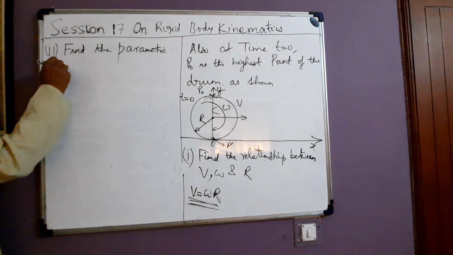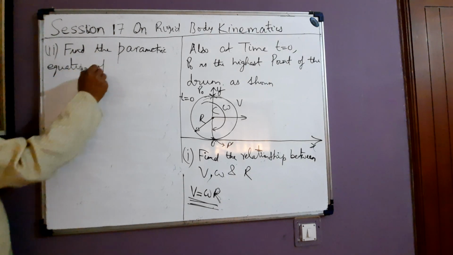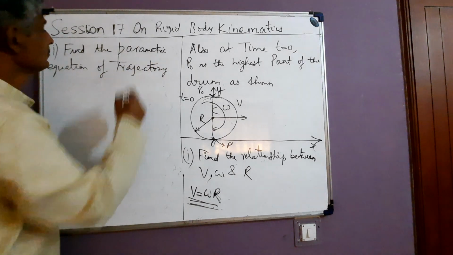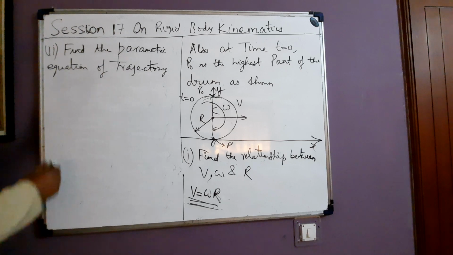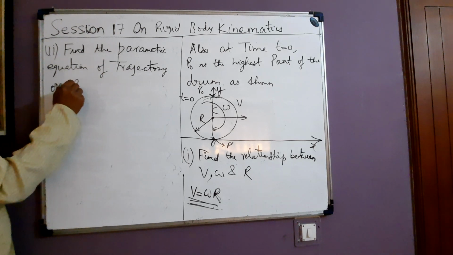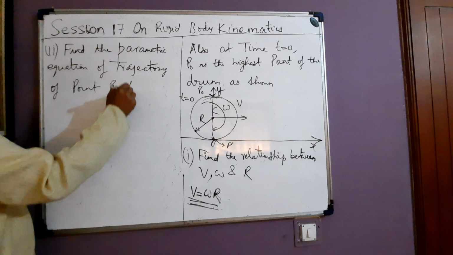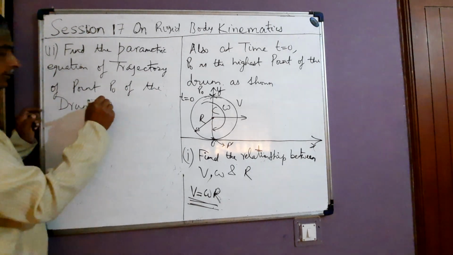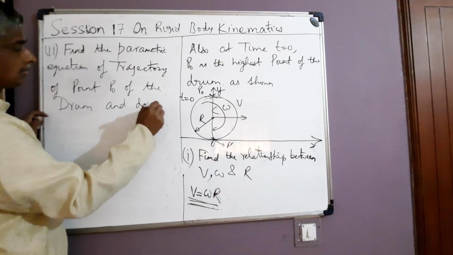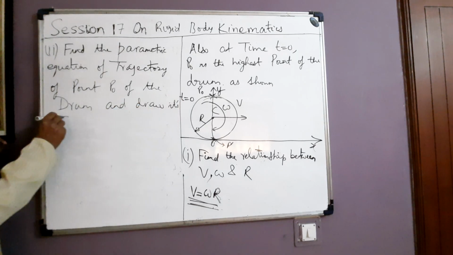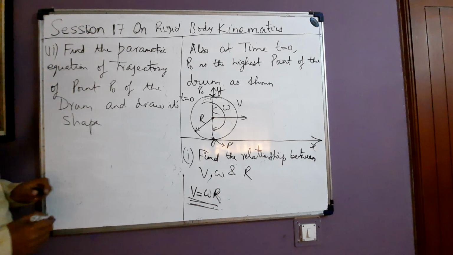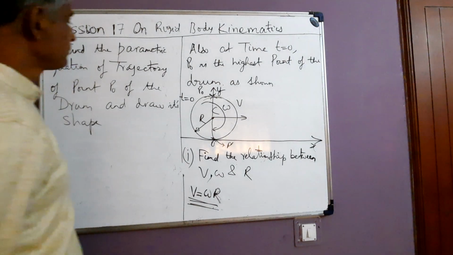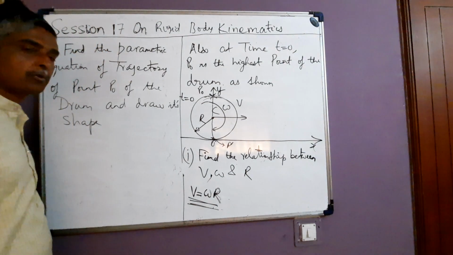So we have to find the parametric equation of the trajectory of point P naught of the drum, and also we have to draw its approximate shape.